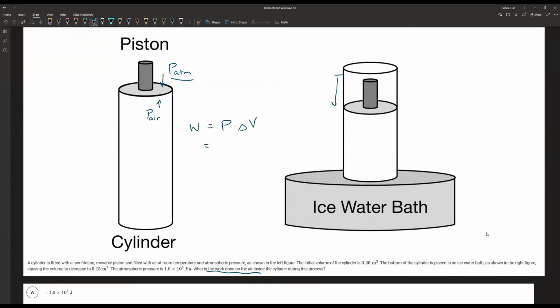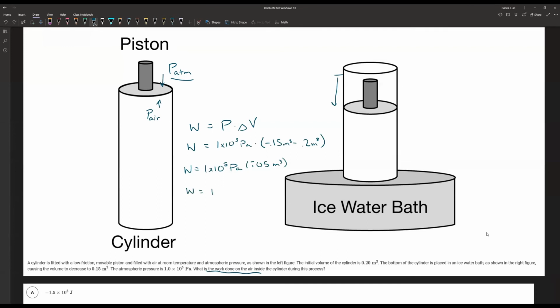And so this becomes 1 times 10 to the 5 pascals. The change in volume is going to be 0.15 meters cubed minus 0.2 meters cubed. And so this becomes 1 times 10 to the 5 pascals times negative 0.05 meters cubed.